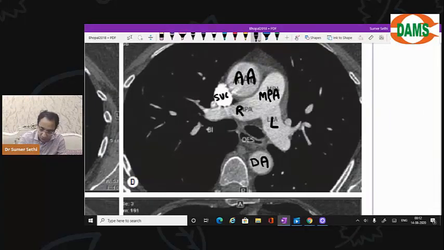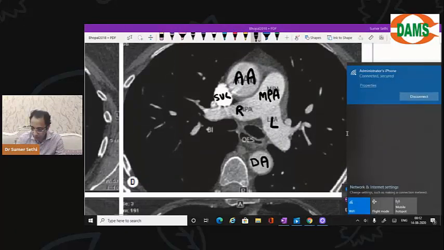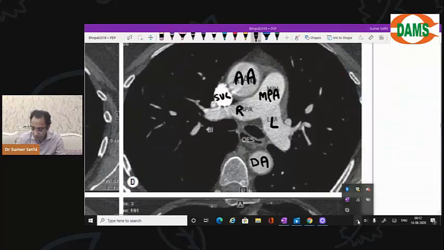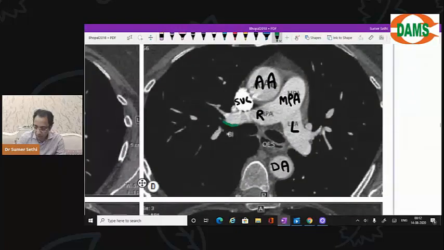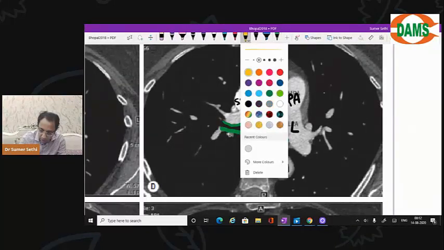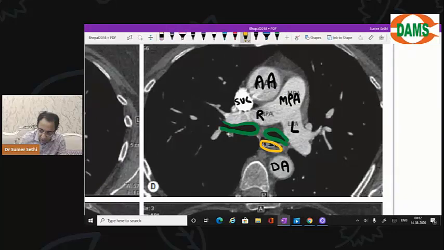And right next to the ascending aorta, the trachea will no longer be seen. Instead of the trachea, you will see the right and left bronchi, and behind them you will see the esophagus.